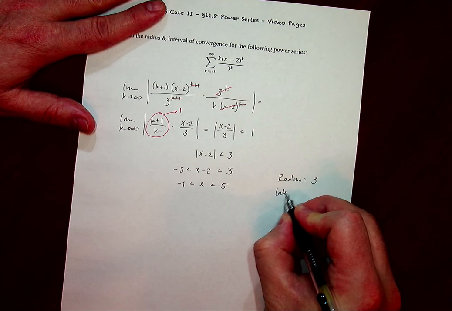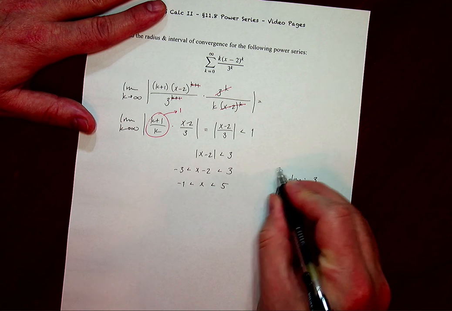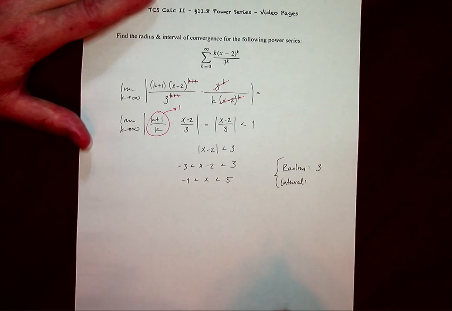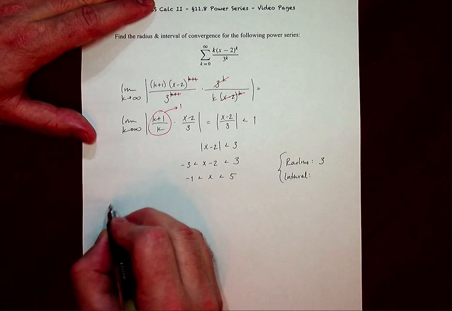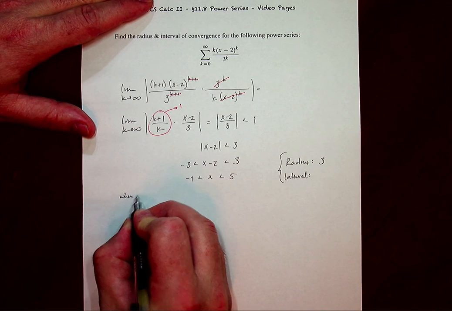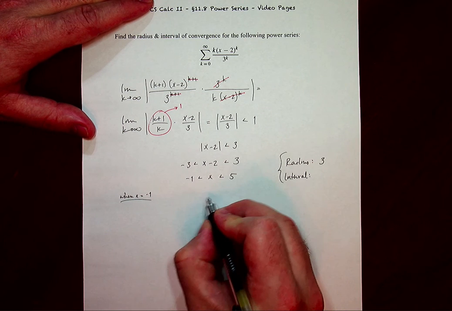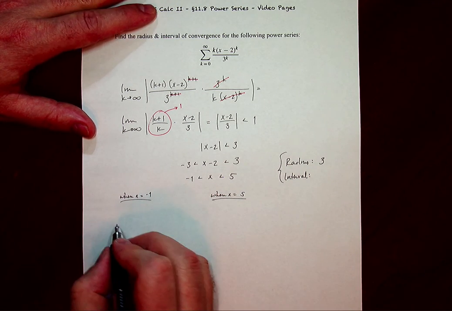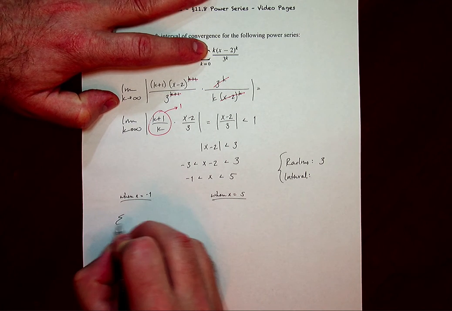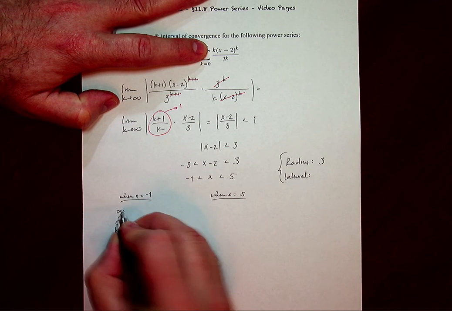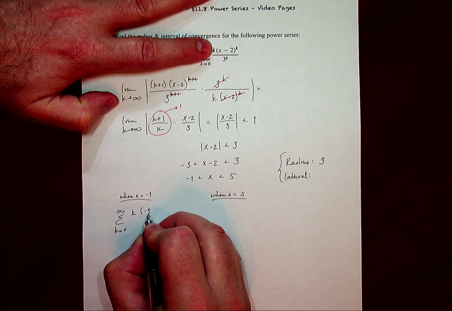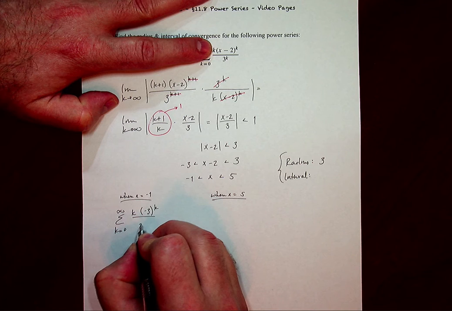All we need now is to determine our interval. And in order to finalize our determination of that interval, I need to go ahead and entertain the endpoints. So when x is equal to negative 1 and when x is equal to 5. When x is equal to negative 1, I'm going to get the sum from k equals 0 to infinity of k, and if I plug in negative 1, this becomes negative 3 to the k over 3 to the k.